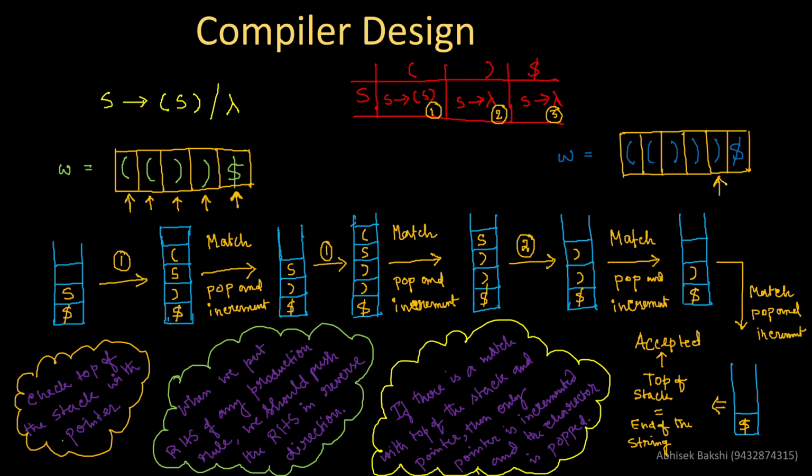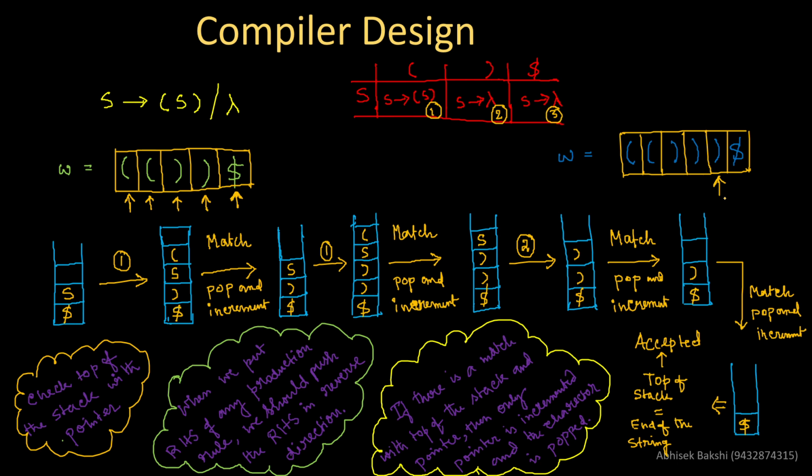So definitely, if the scenario is something like this, when the stack contains dollar, your read pointer will point to this closing brace. And dollar on closing brace is definitely not possible. If you are correct, then whenever everything vanishes from the stack, I mean only dollar is left, then definitely the pointer will point to the dollar. If it is not, then definitely you have some error in this particular string.